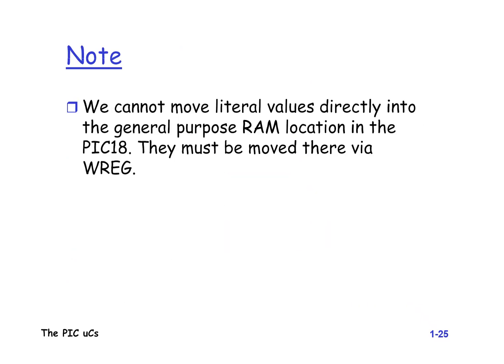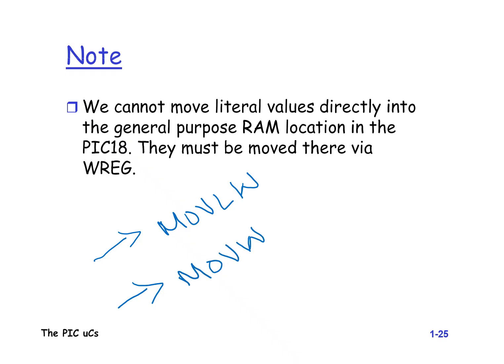In the previous slide, we have sequentially executed two sets of instructions. One was to move a literal value to the working register, and the other instruction was to move the information in the working register to the file register, and this instruction is followed by the address.